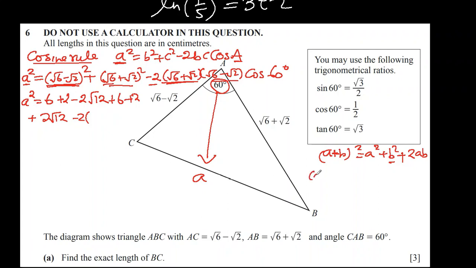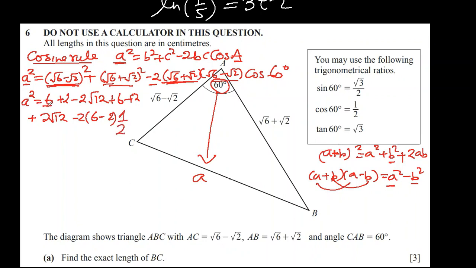There is one more identity, a plus b, a minus b is a square minus b square. No need to multiply them individually. This is the identity. Just write square of the first term minus square of the second term, which is square of 6 again, 6 minus square of the second term, 2. That's it. And cos 60. Cos 60 is half.